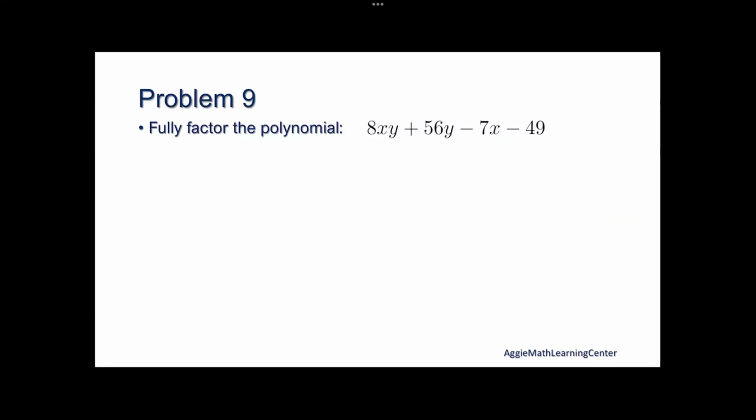When there's a negative term in the middle of my group, most of the time I'm gonna rewrite it, because this negative is only connected to the 7, it's not connected to the whole thing, so we don't want to let that go outside of our parentheses. So I'll rewrite this as axy plus 56y. And that's our first group.